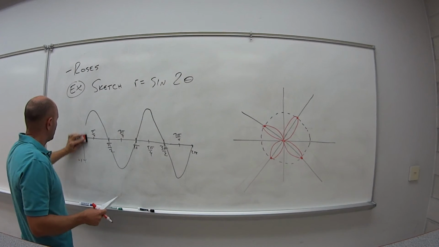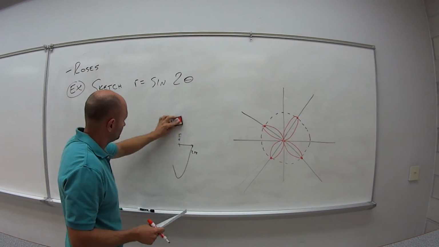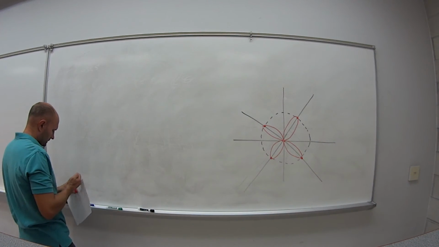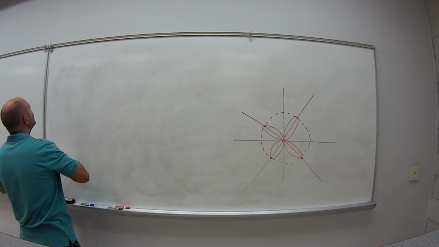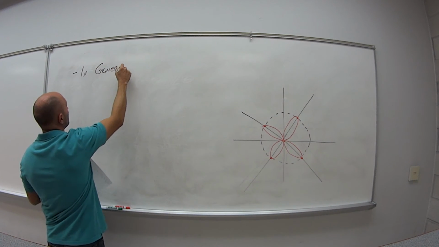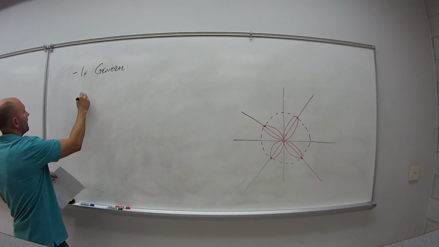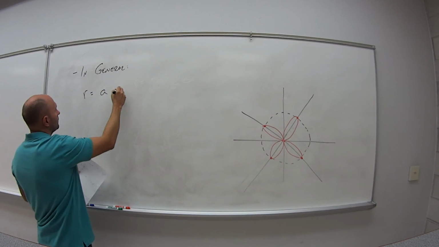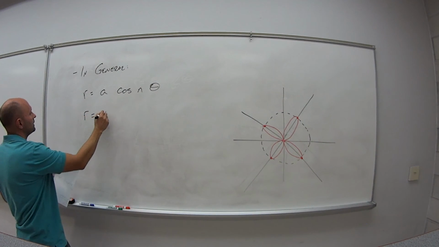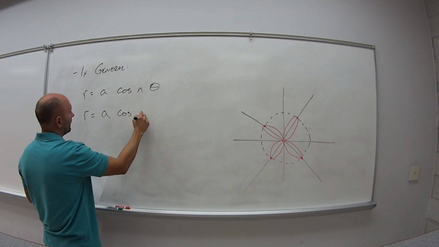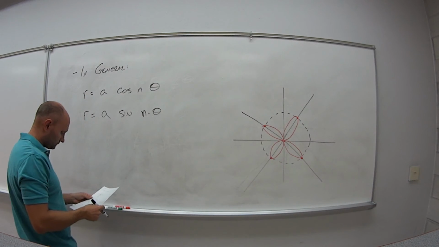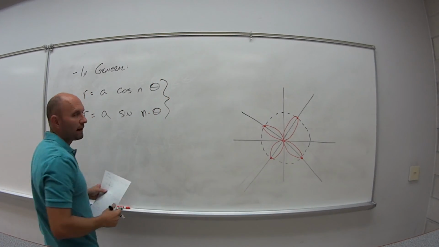So in general, I'm going to go erase this, pause if you needed to. For the roses, in general, if we have r is equal to a cosine of n theta, or we could have the equation r is equal to a sine of n theta, we have the following situation.